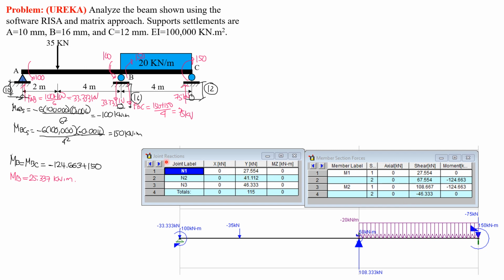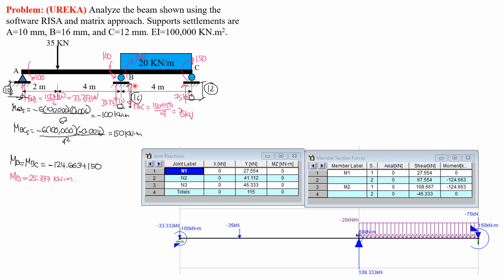Reaction at A, which is node 1, is 27.554 kilonewtons, which checks with the answers using the different methods. Then reaction at B, 41.112 kilonewtons. Reaction at C, 46.333 kilonewtons. Since internal moments will not be seen externally, the internal moment is here in the member forces. So the moment at B is negative 124.663 kilonewton meter.